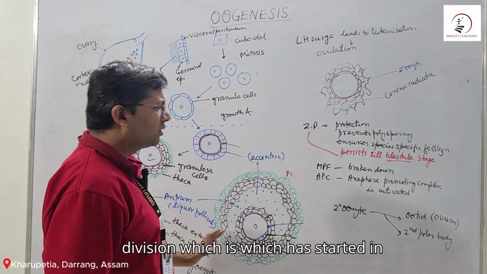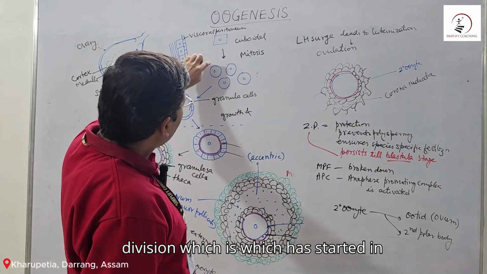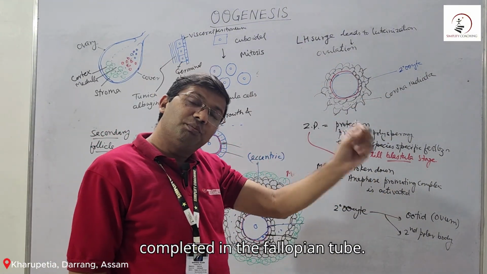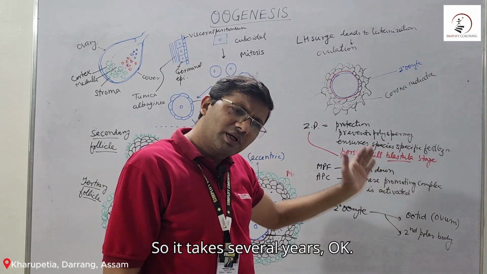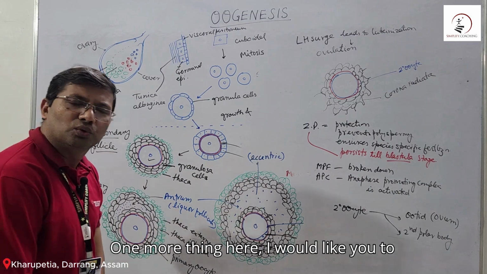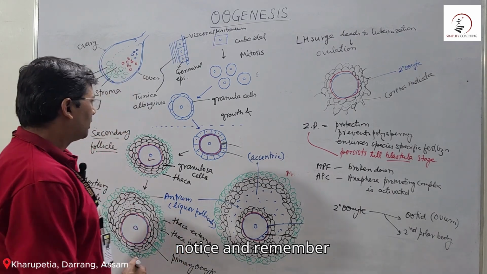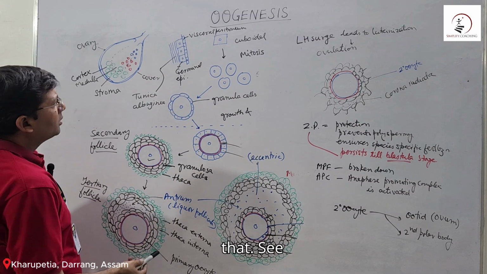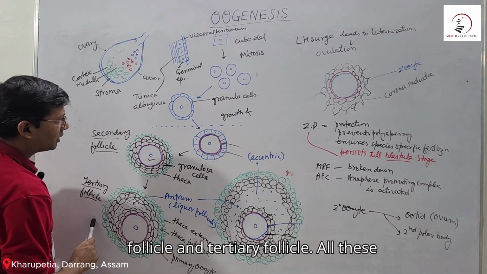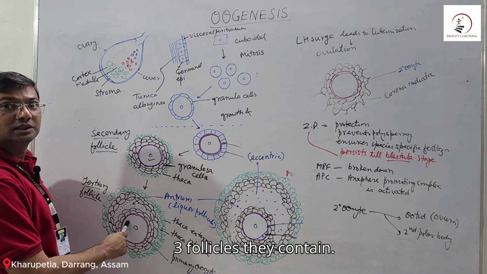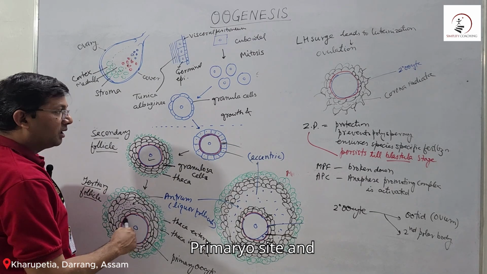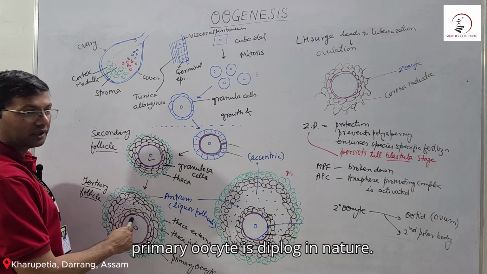It resumes the cell division which started in the fetal stage, and it is finally completed in the fallopian tube. So it takes several years. One more thing I would like you to notice and remember: this is the primary follicle, secondary follicle and tertiary follicle. All these three follicles contain the primary oocyte, and the primary oocyte is diploid in nature.